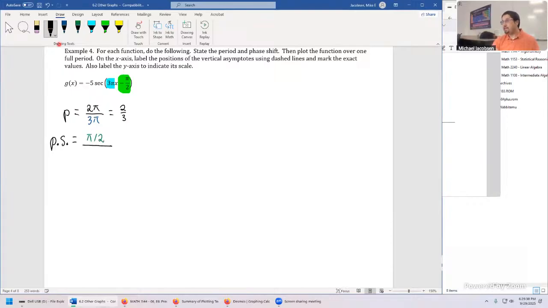Then we divide by this factor, which also influences how things are relocated. So it's pi over 2 divided by 3 pi. Here we'll do some fast arithmetic. This is pi over 2 times 1/3 pi, flip the denominator. So this becomes 1/6 after cancellation. Nice cancellation there, losing the pi. So we have the period and the phase shift.